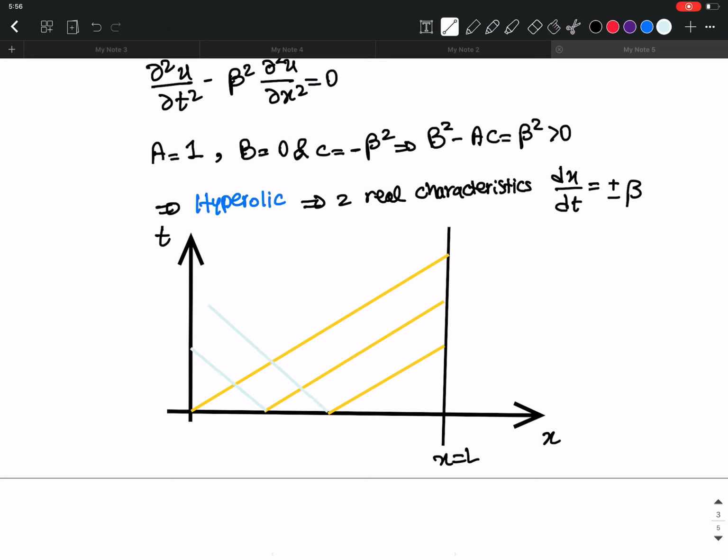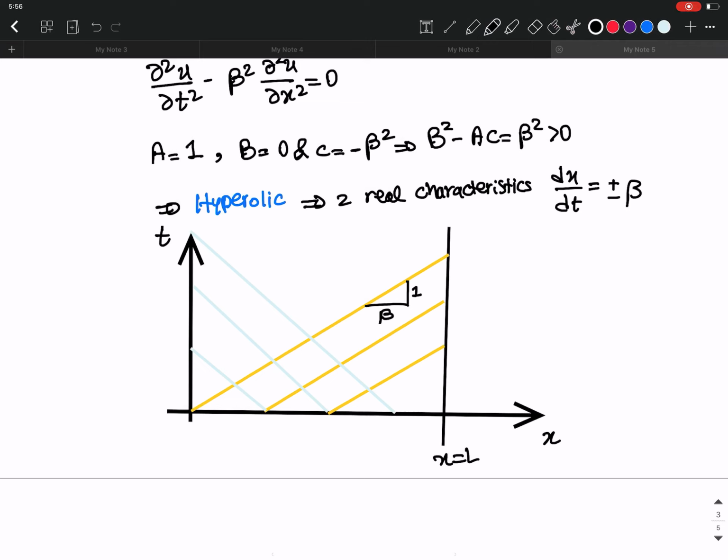So this is going to be minus beta. Let me just do this one, because we don't have space. So these are going to be the characteristics. This one, the slope of it is going to be 1 over beta.